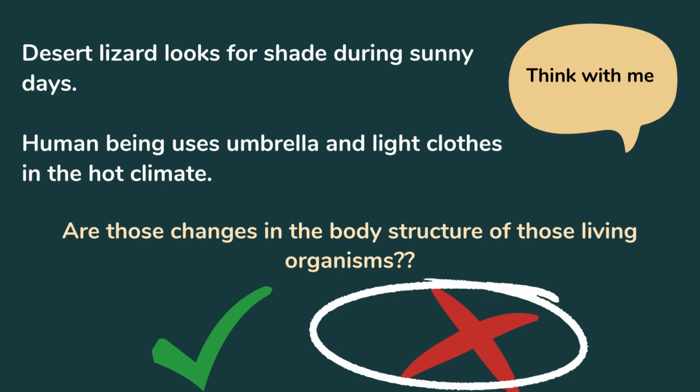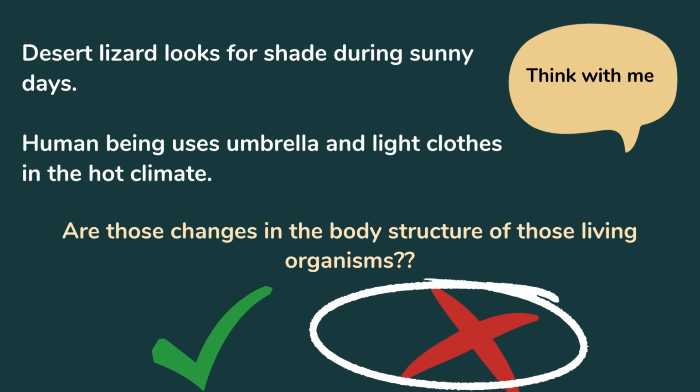No, those aren't changes in the body structure. Why? Because it's a change in the behavior, in acts. They act like this, the lizard and the human, to keep themselves cool or to protect themselves from the hot climate. So here the change is in the behavior, how they behave toward this climate or environment.